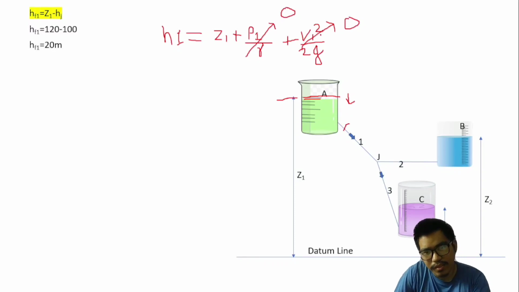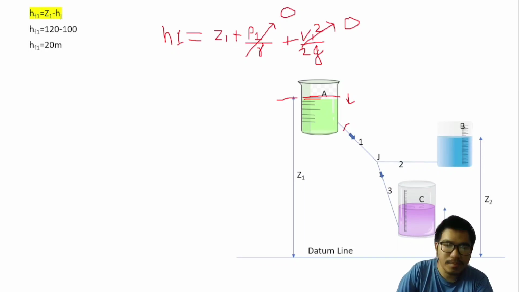That means velocity is small, its square is much smaller, and divided by 2 and 9.81 gives a negligible value, so this term is nearly equal to 0.